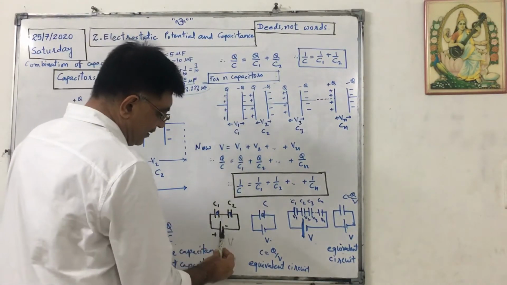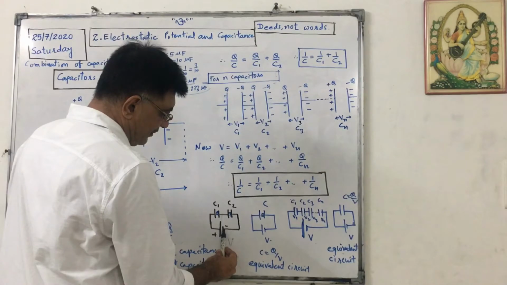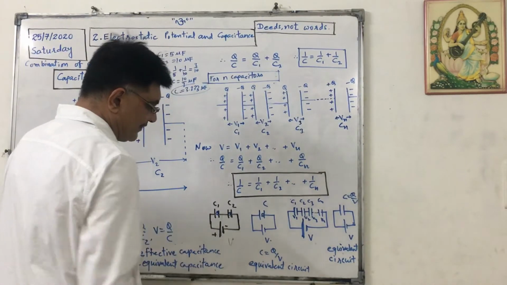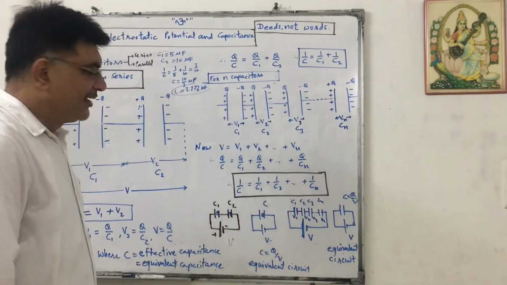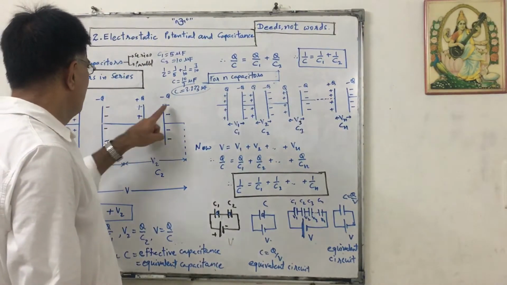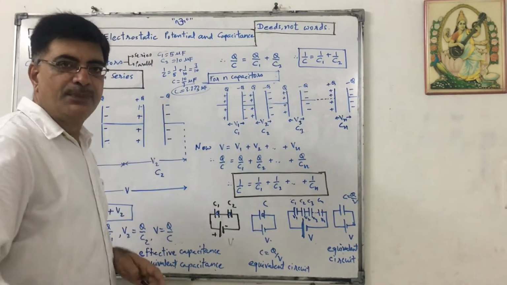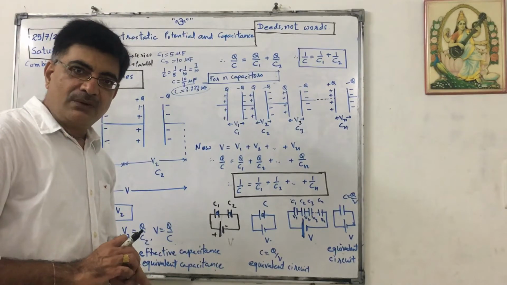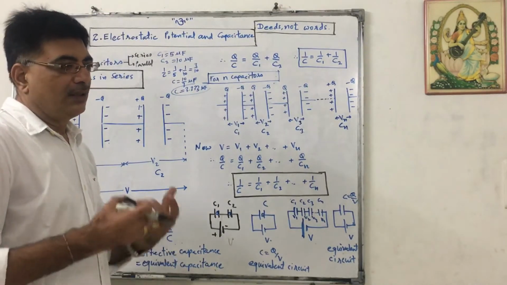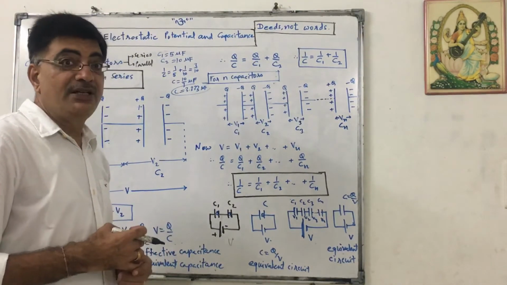Let's see, some electrons will transfer to this capacitor. Due to that, suppose here minus Q charge is deposited. One may think how much charge will be deposited.